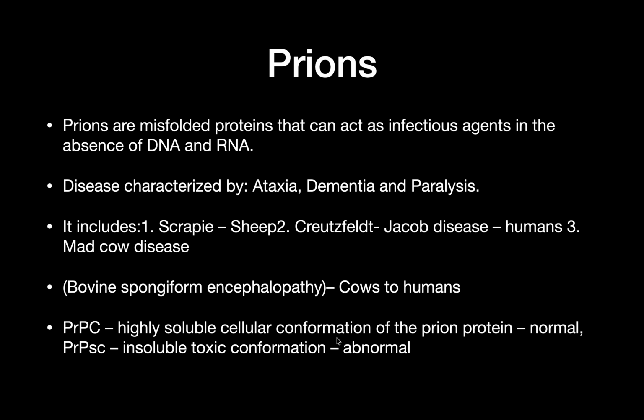When you eat the infected meat, the body absorbs the insoluble toxic conformation, this PrPSc. It just means scrapie, but you absorb the bad protein, and these prions attach to hemoglobin, right? And hemoglobin is able to cross the blood-brain barrier because it's carried by erythrocytes.